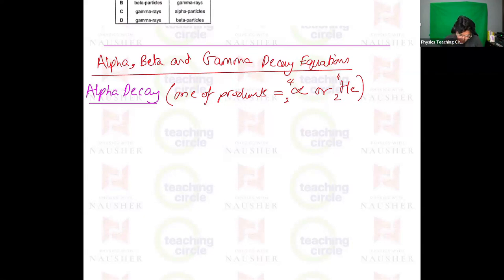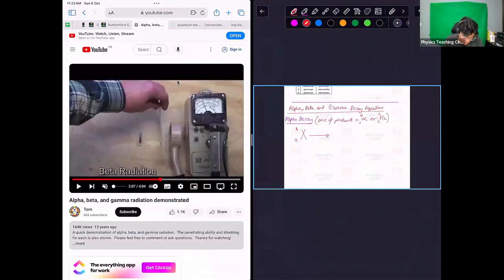So bear with me. X with mass number A and proton number Z: X is this nucleus which is going to throw out an alpha particle. I'll show you this first so that you get more context. Yes, Fatma. I'll show this to you because nothing is better than showing.